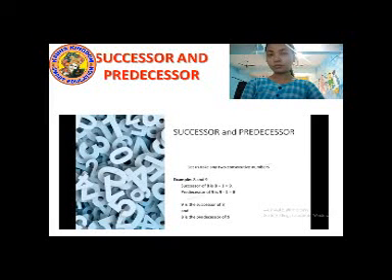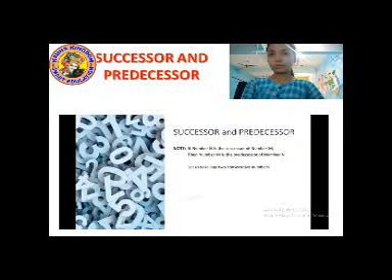So, what you have observed? If the number n is the successor of number m, then number m is the predecessor of number n. Let me give you another example. Here, I have taken two consecutive numbers, 99 and 100.